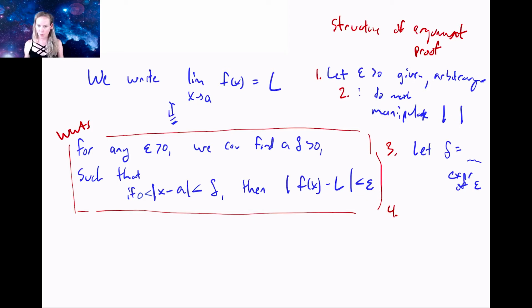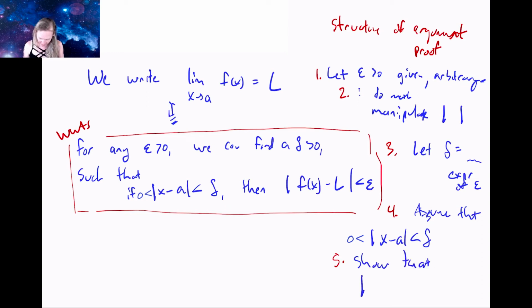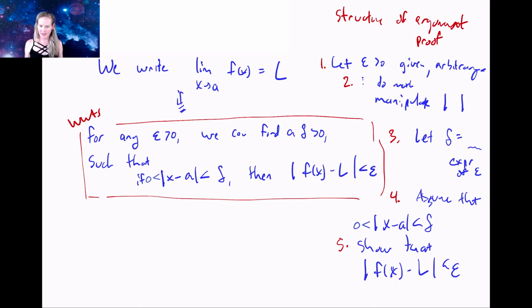And then as our fourth step, we will assume that the absolute value of x minus A is less than delta. And then finally, we will show that the absolute value of f of x minus L is less than epsilon. So that's the structure of the argument that we're going to make.